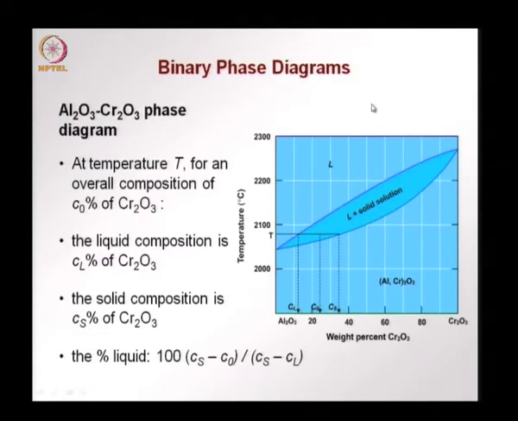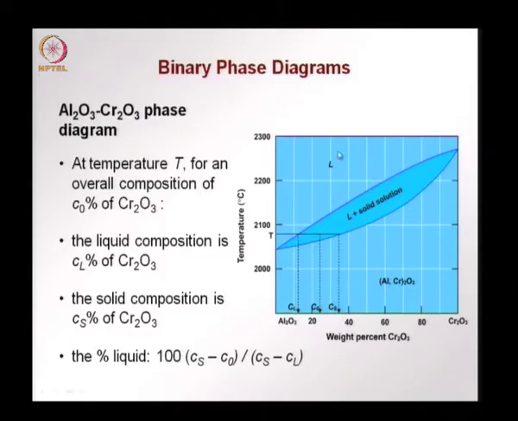Now, let us see the phase diagram of aluminum oxide and chromium oxide. We will use this to illustrate how the tie line defines the composition of the liquid and the solid phases, and also tells us how much would be the liquid phase within the material.